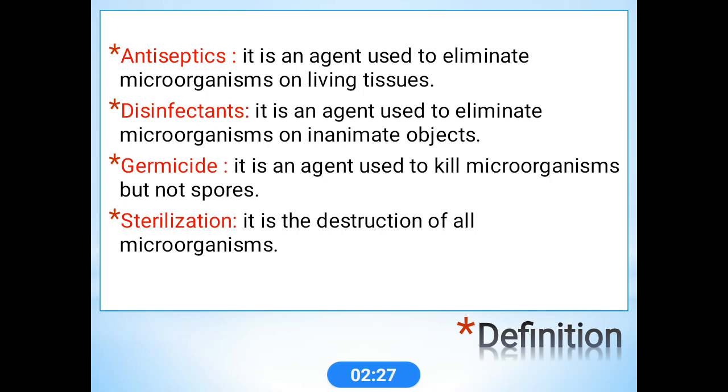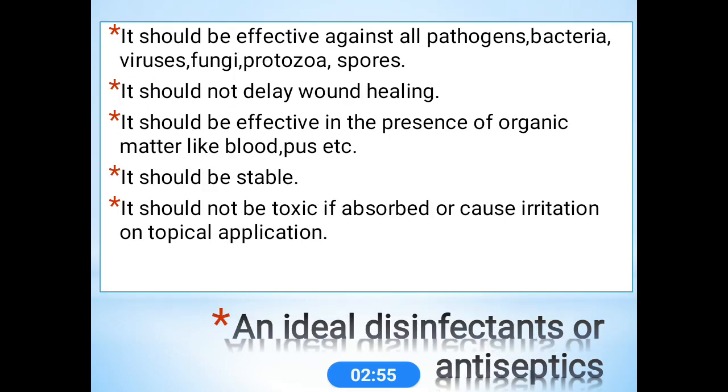Disinfectants are used to eliminate microorganisms on inanimate objects, and are also helpful for surgical instruments. A germicide kills microorganisms but not spores. Antiseptics and disinfectants are both germicidal agents, but they do not kill spores. Sterilization is needed for the destruction of all microorganisms.